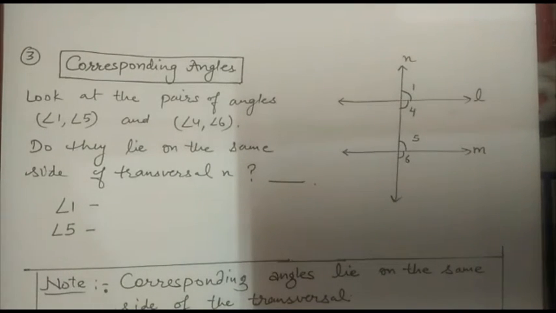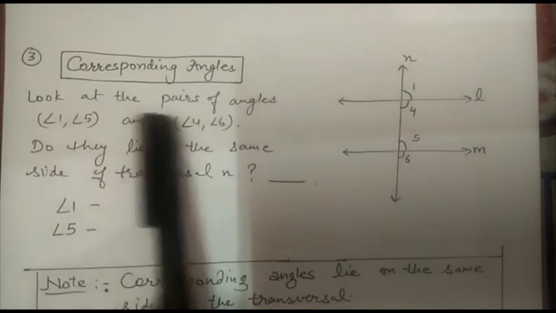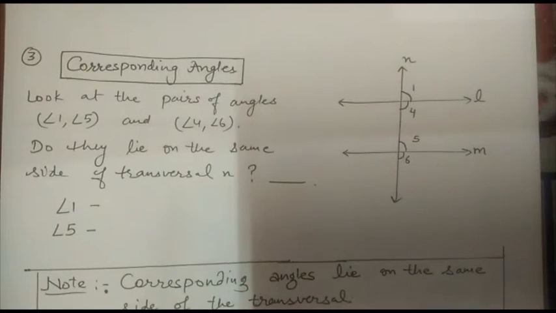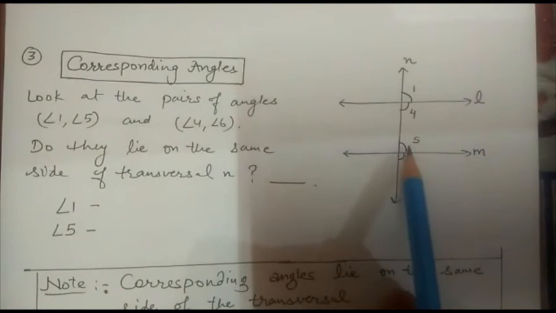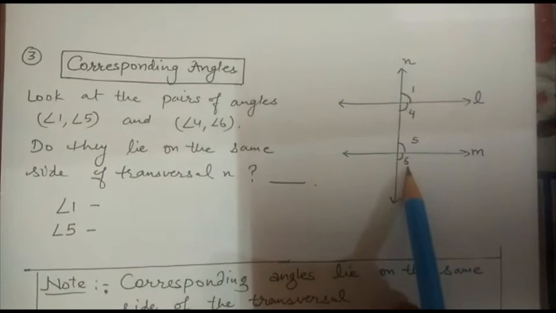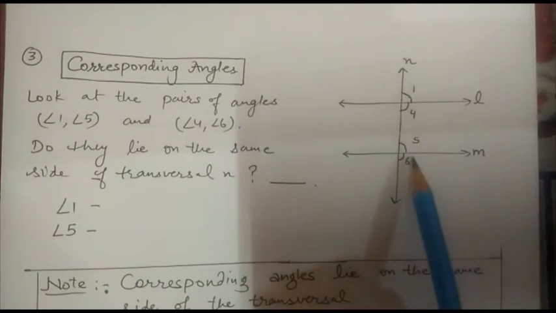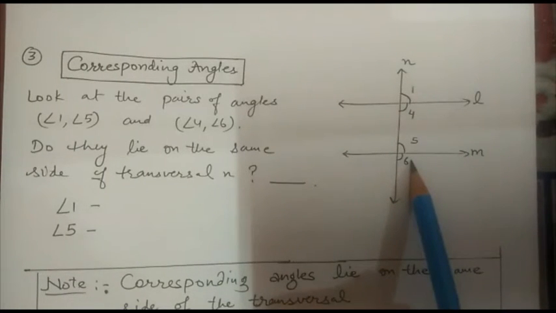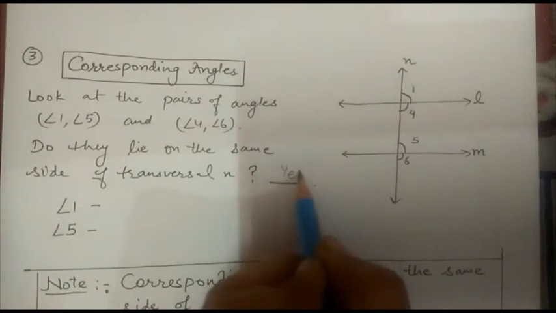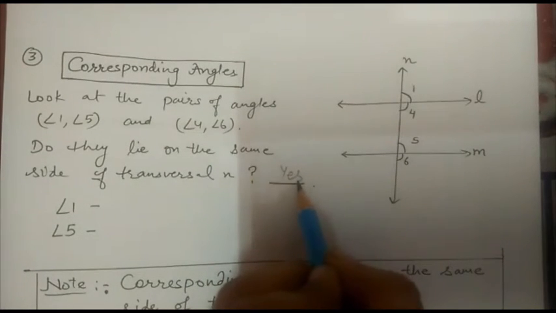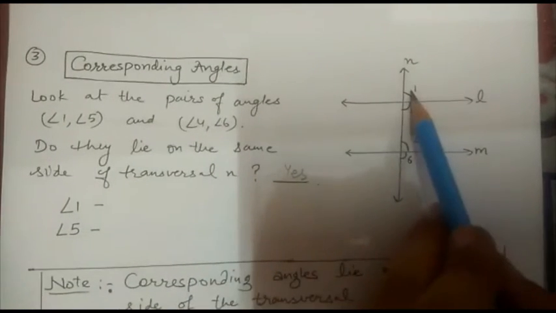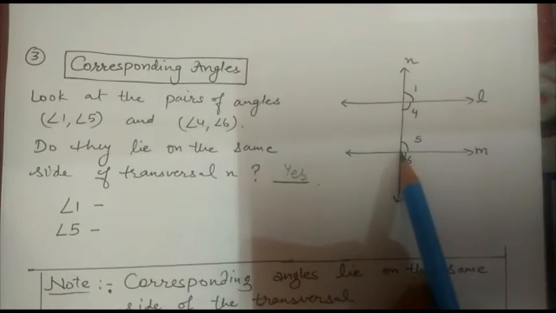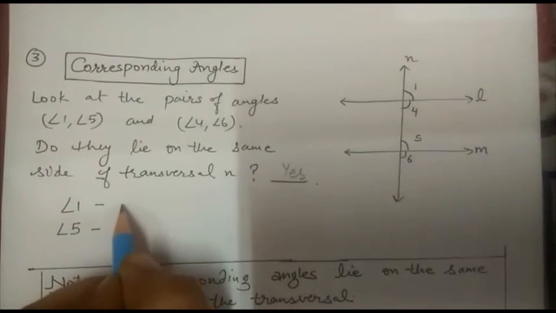Next, corresponding angles. Now look at the pairs of angles. Angle 1, angle 5, angle 4, angle 6. Do they lie on the same side of transversal? Yes. Now observe one more thing. Angle 1 is exterior angle and angle 5 is interior angle.